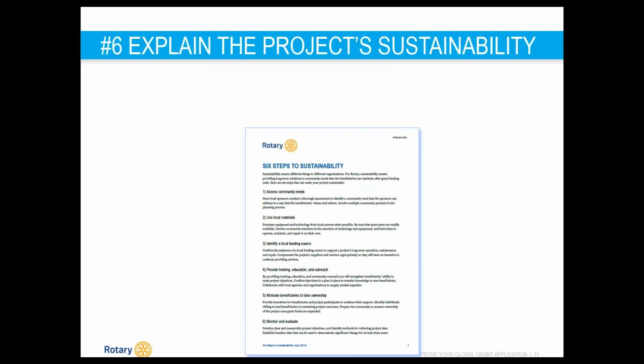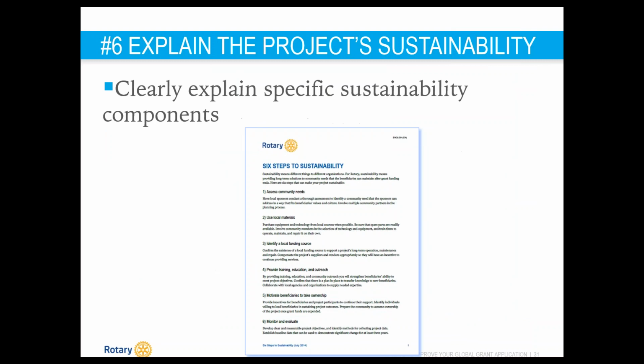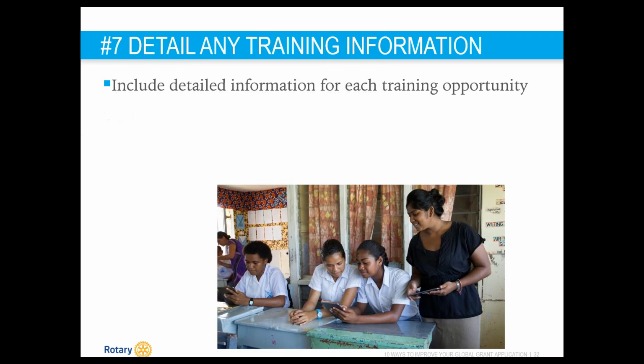Step 6. Explain the project's sustainability. Clearly explain specific sustainability components. We have a handout entitled 6 Steps to Sustainability that provides helpful guidance about how to make your project more sustainable. Step 7. Detail any training information.